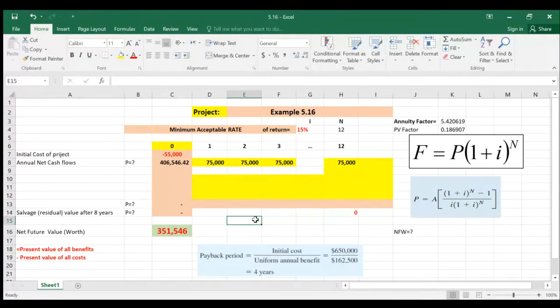First of all, what are the cash flows in this project which we are looking at in this exercise?